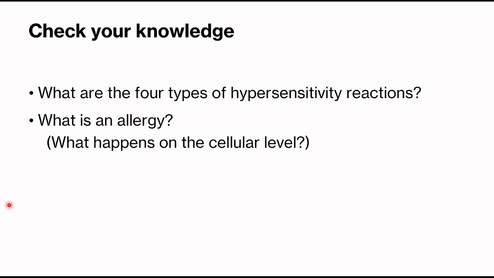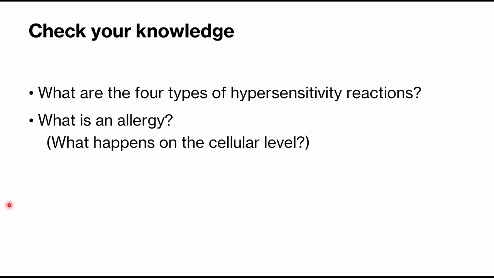Okay, good. So to go for something like a definition for the second question: an allergy is a strong reaction of the immune system to a harmless foreign compound. This is to be set apart from autoimmune reactions, where you would have a reaction of the body to a self-compound.